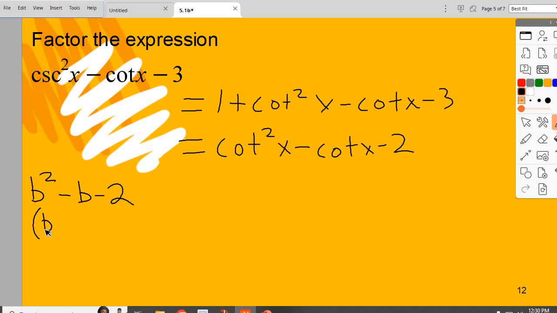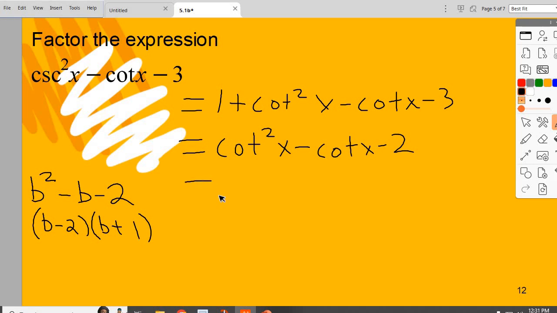So what are your factors of 2? 1 and 2. Okay. One of them's going to have to be negative, right? If I end up with a negative. And if I have a negative here in the middle, then it has to be the bigger one, right? So we would get b minus 2 times b plus 1. Yes? Do we all vaguely remember doing that?